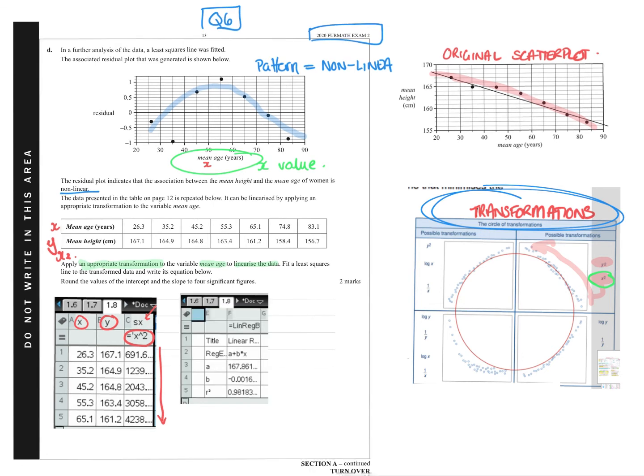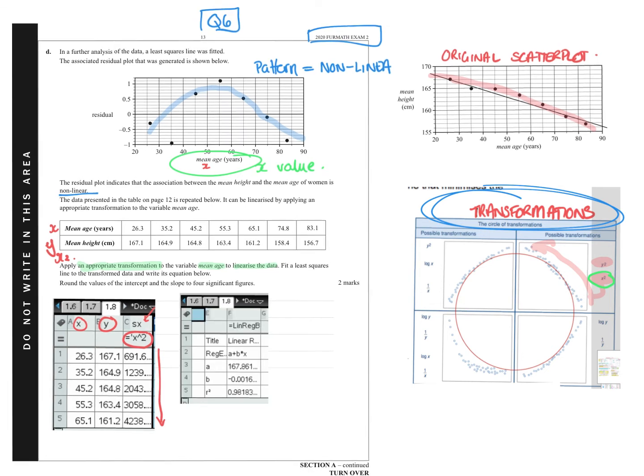Just make sure when you do the linear regression line, as I've done here, that when I'm choosing my x list, I chose the squared x list, and my y list was still y. Then it asks us to round the values of the intercept and the slope. They want you to write the equation out, and round to 4 significant figures. So be careful here.